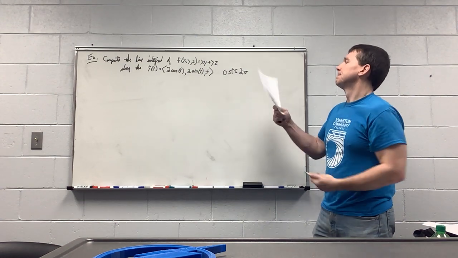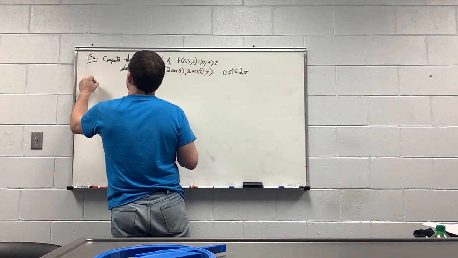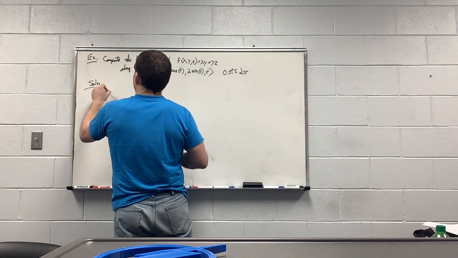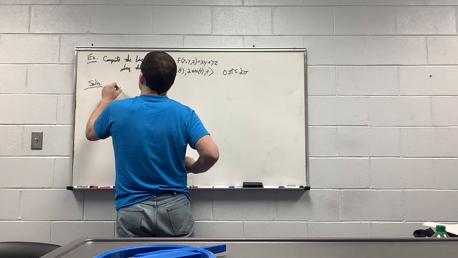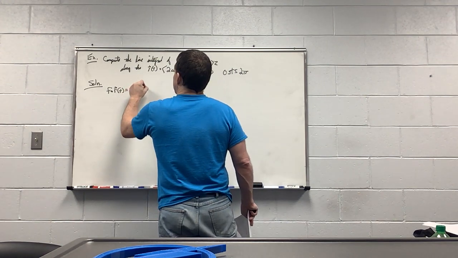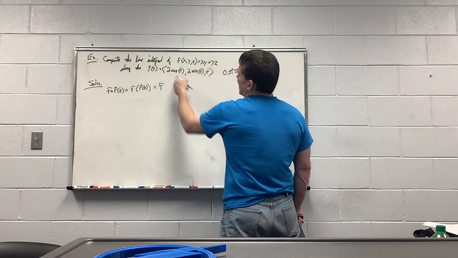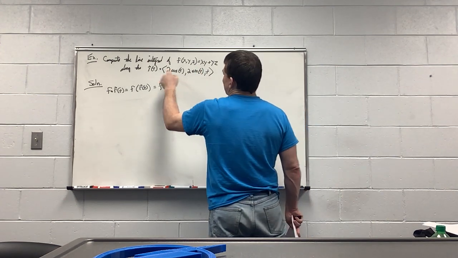So then let's see. If I want to find the line integral, first I need a pullback, f composed with r of t, which by definition is just f of r of t. Plug r of t into f.